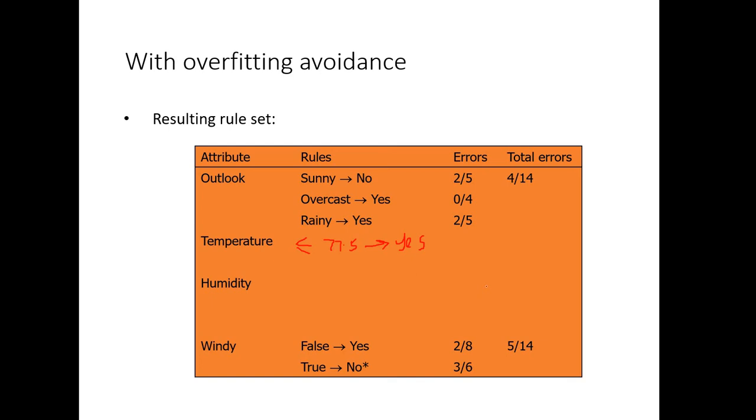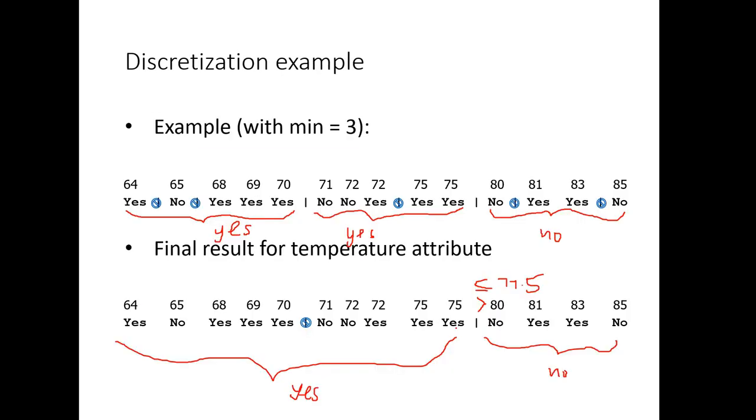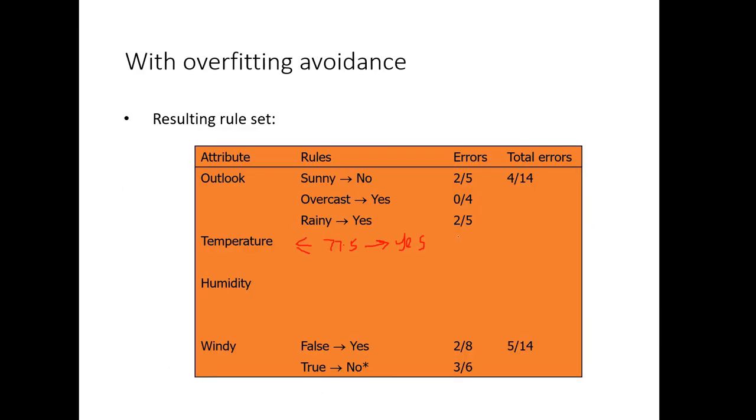What is the error rate? Go back. We have 1, 2, 3, 4, 5, 6, 7, 8, 9, 10. Out of 10, we have 1, 2, 3 errors. So we have 3 out of 10.